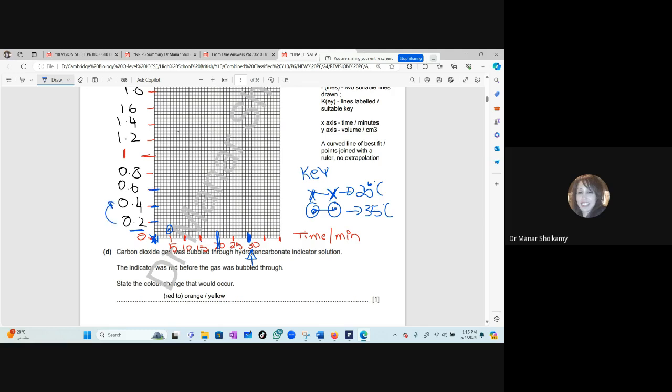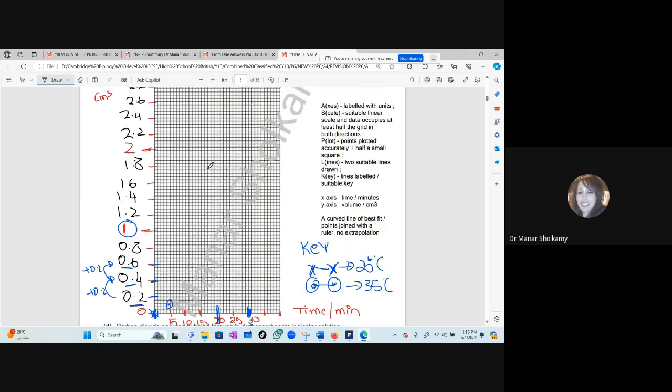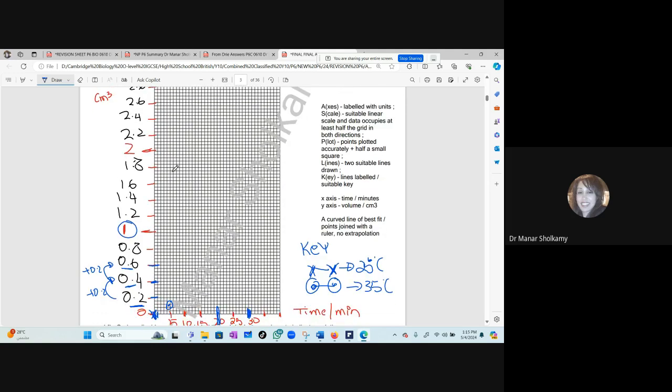Now, how do I move from this value to this value? Plus 0.2, not multiply. Most of you know how to do it well, but some of you still make mistakes. So 0.2 plus 0.2 will give me 0.4, plus 0.2 will give me 0.6, and so on. So every 5 boxes will have a value of 1. Okay, and do the plotting and join with dots.